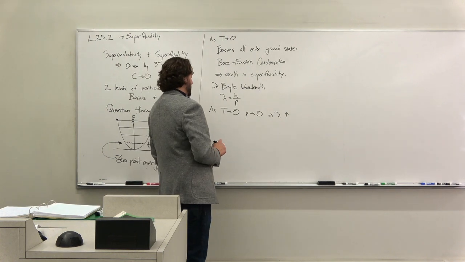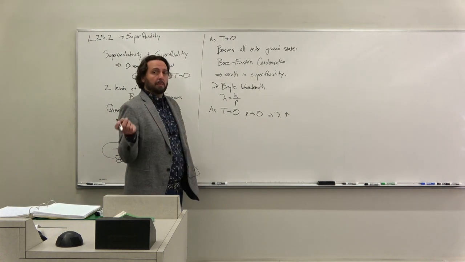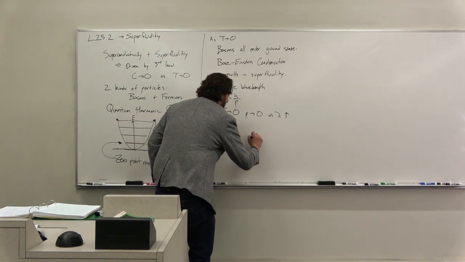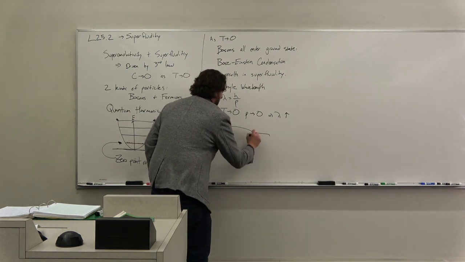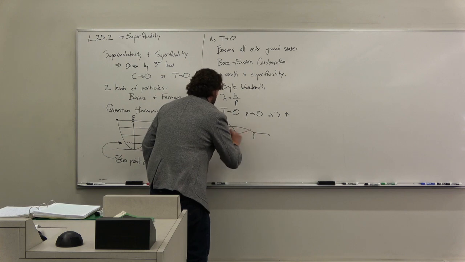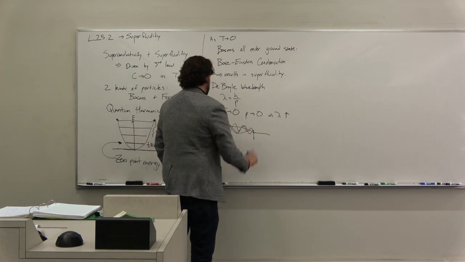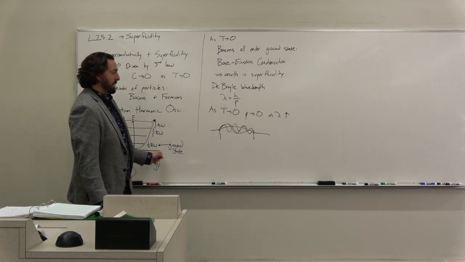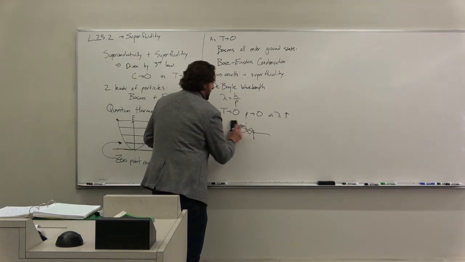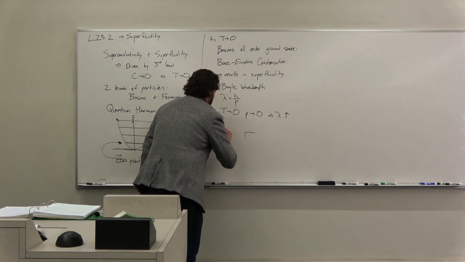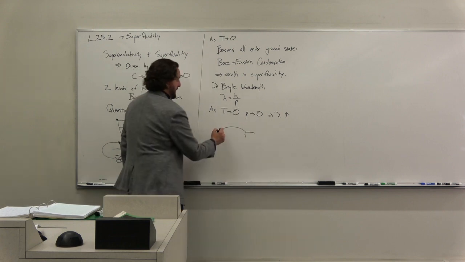And you can basically think of this as your wave on a string problem. Right? So when you had a wave on a string in first year physics, you have all these different modes that are possible. But when you're in your quantum ground state, you only have one possible mode for your waves on your string, and that's the quantum ground state.